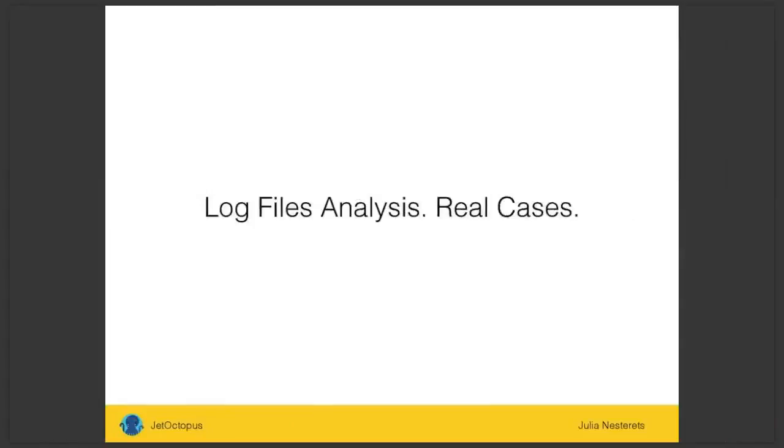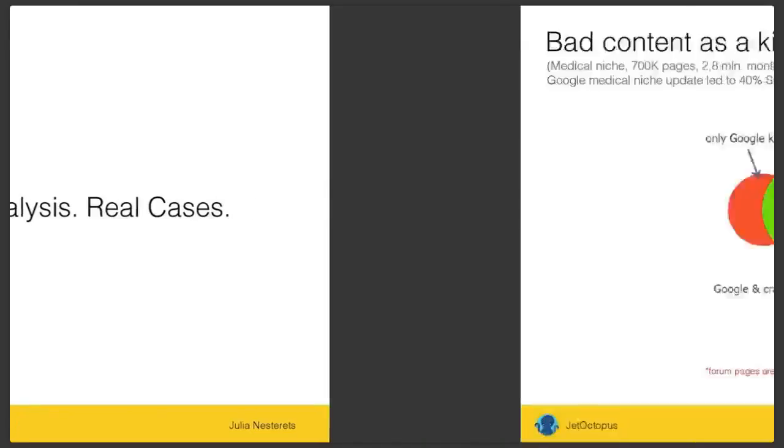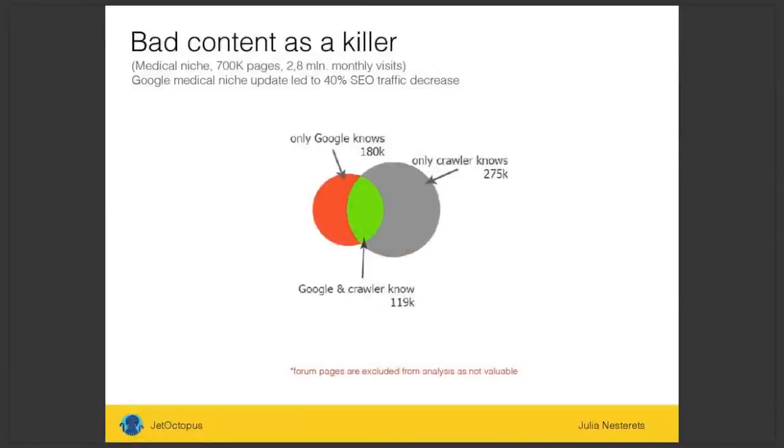So we are right now next to the most important part of our presentation, which is real cases of our clients, and today there will be 3 of them. The first case, we call it bad content as a killer. It is a medical niche.